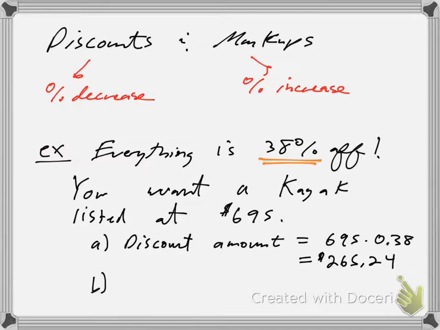All right. And then what's the sale price? Well, to get the sale price, we're going to take 695 and subtract off the discount. And let's see what I get when I put that in the calculator. I get 430.90.